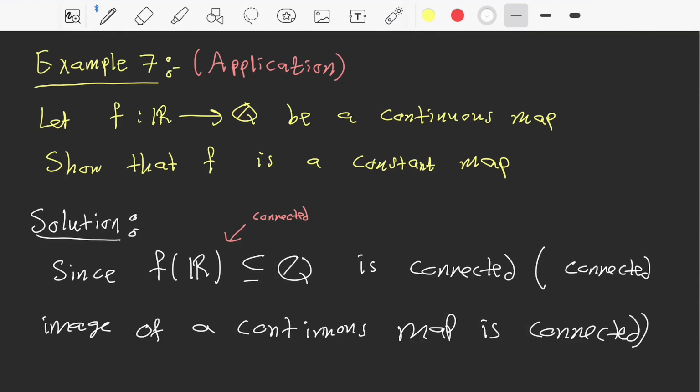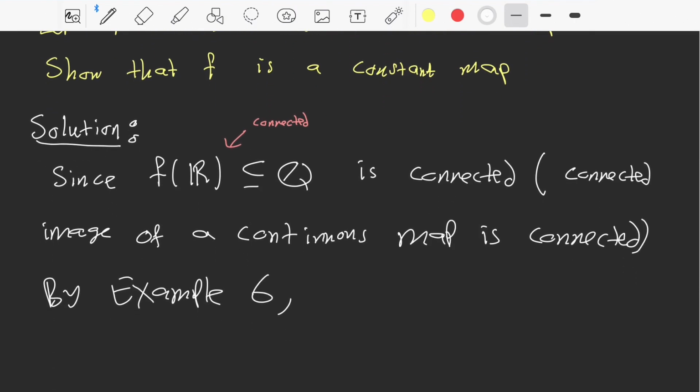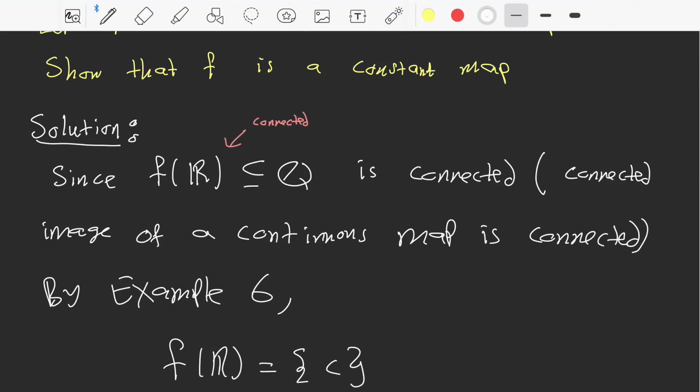Now, if it is connected, by example 6, Q is totally disconnected. So the only connected non-empty set will be the singleton. So f of R will be a singleton.